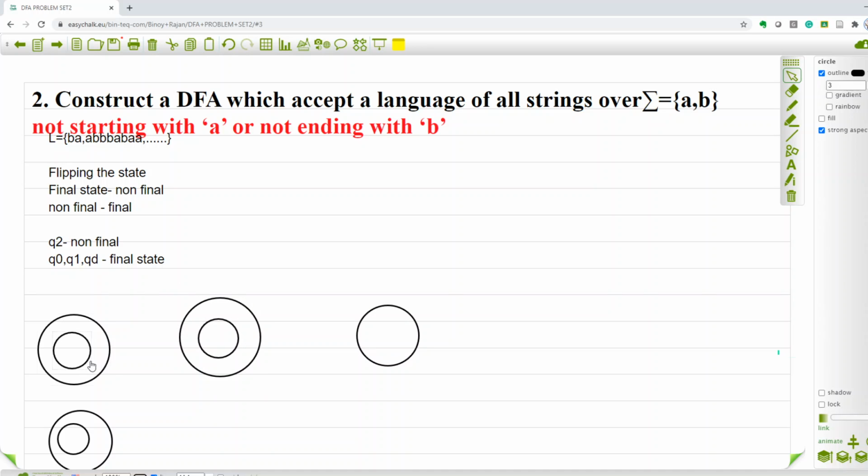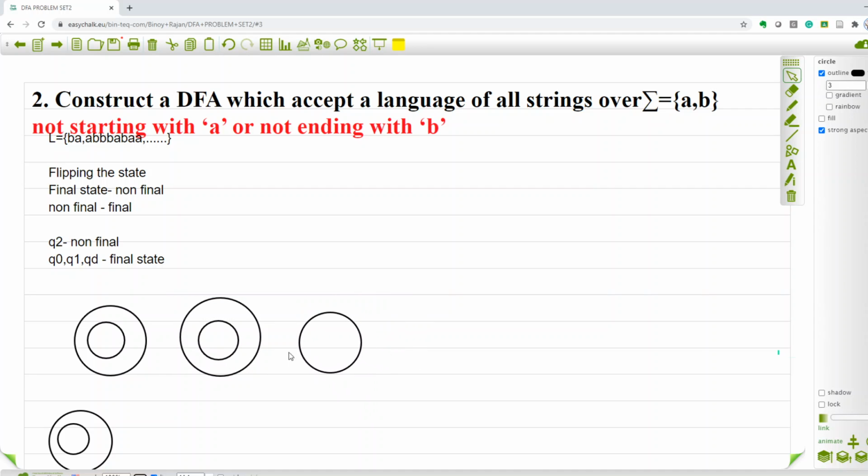So this is your initial state. Okay, we have the Q1 state. Then we have QD.